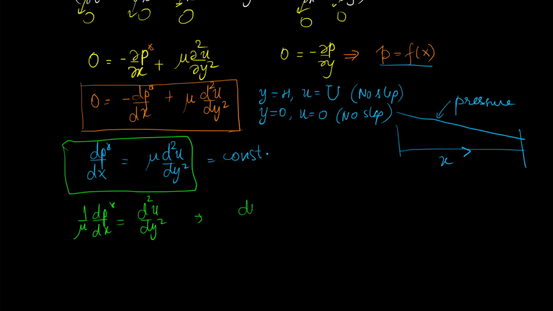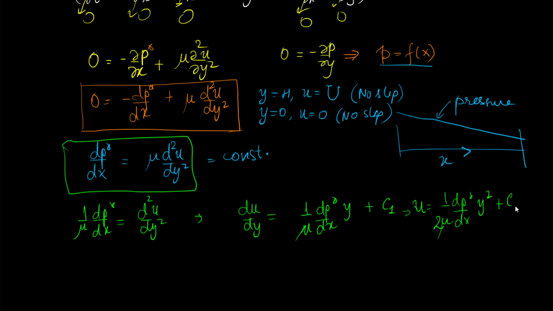So du dy will be equal to 1 upon mu dp star dx times y plus c1, and u is equal to 1 upon mu dp star dx y square, so 2 goes over here, plus c1y plus c2.